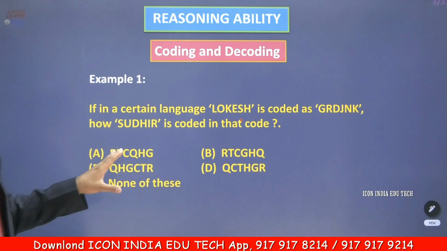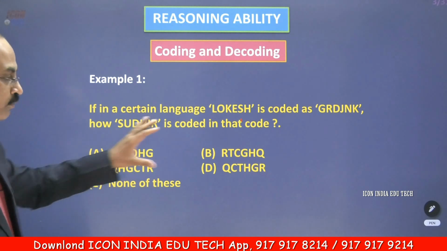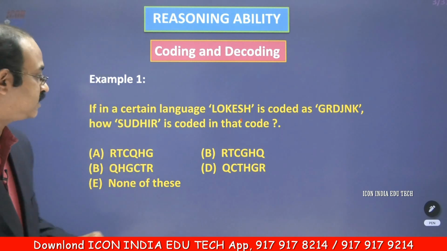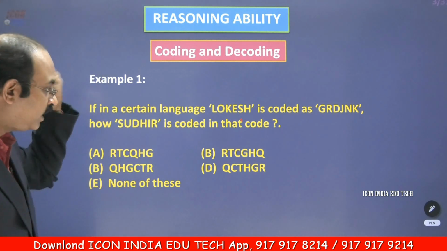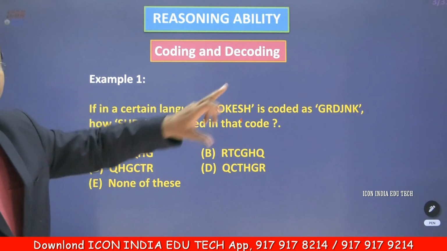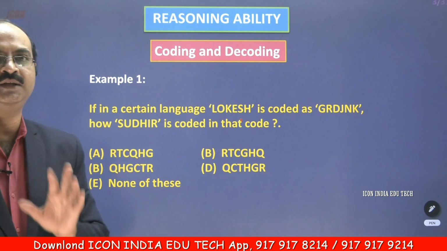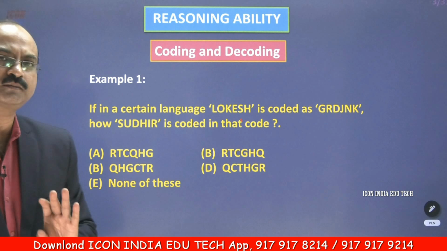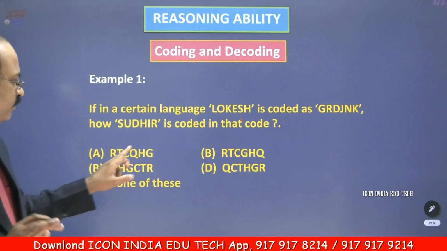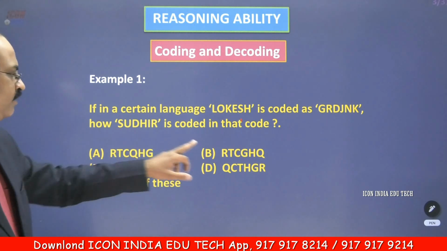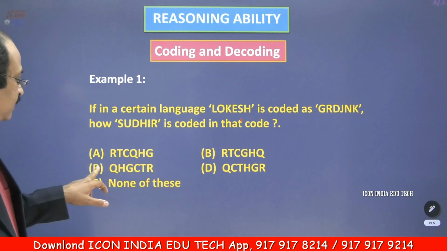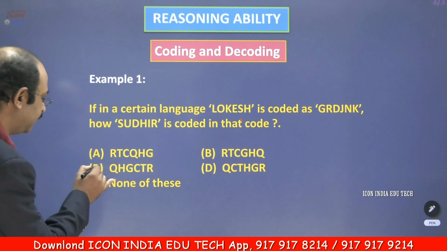Now don't worry too much about the options, although checking options is very important, because if you try to keep everything in your mind, including the options, sometimes this coding and decoding will become a little more challenging than it actually is. But keep one thing in mind: the first option and second option, that is option A and B, the starting letter is R, and this should be C actually here.